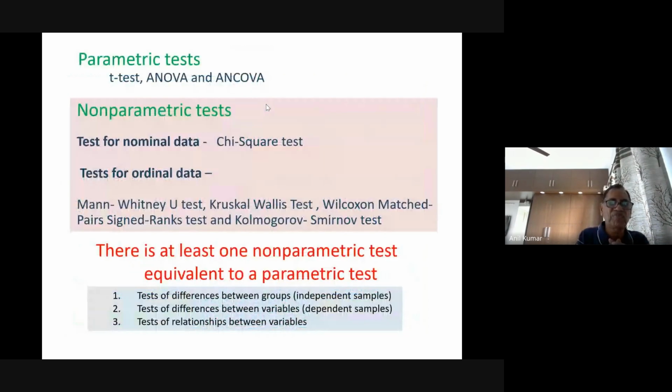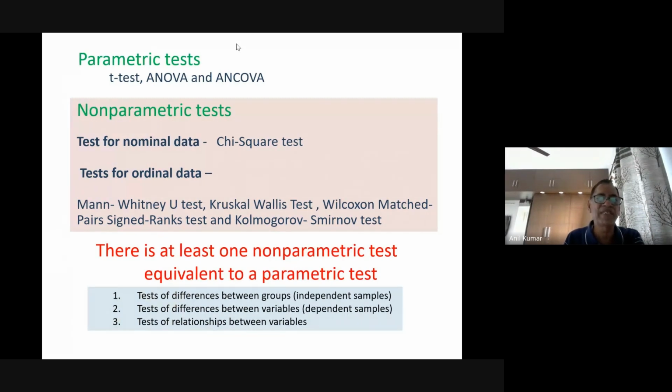Parametric means there are a number of tests there. If you just recall parametric tests, we say t-test is a parametric test, ANOVA is a parametric test, ANCOVA is a parametric test. I think ANOVA and ANCOVA you might know in detail. ANOVA means analysis of variance, and ANCOVA means analysis of covariance.